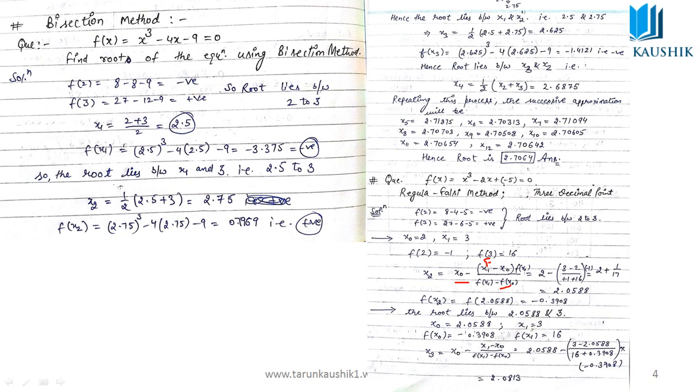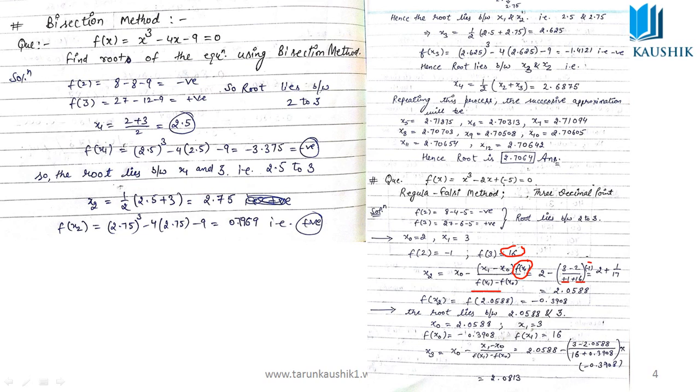x naught is what? x naught is 2. What is x1? x1 is 3. And what is f of x naught? f of x naught is 2... what is f of x1? When I put the 3 into this function, then f of x1 will be 16. This is plus 16. Minus minus plus 1. When I multiply by f of x naught, just multiply. Do not forget to multiply this function with f of x naught.